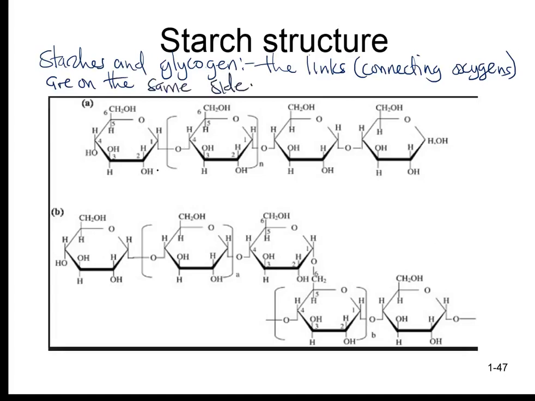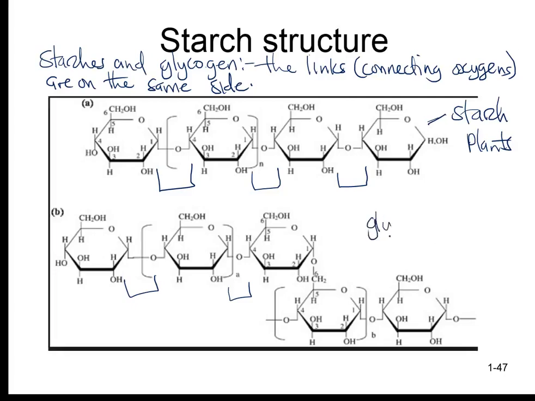You can see here, both of them are just pointing up, right? So this one is starch, found in plants. Now, how is it different from this one? This one is glycogen, found in animals.